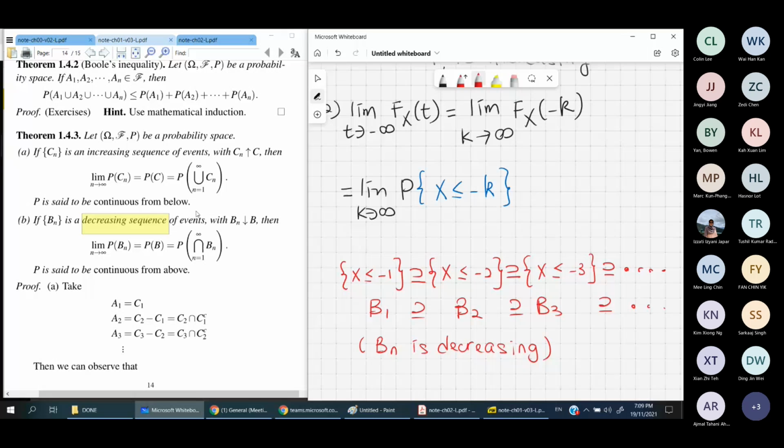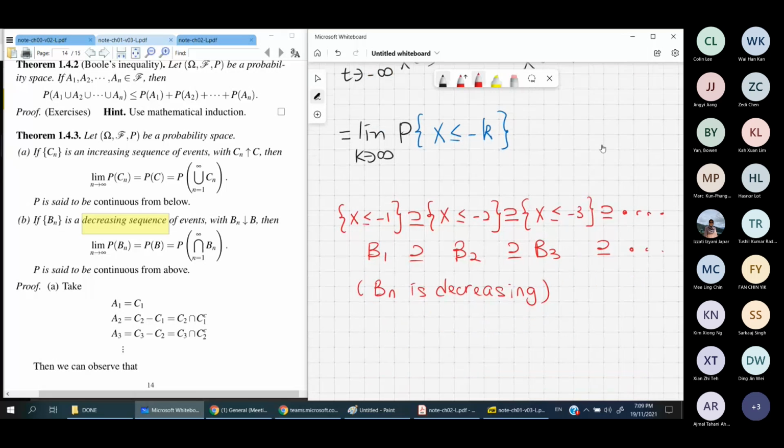So this is actually the intersection. Hence, this is equal to P of the intersection of all of them, the events X less than or equal to -k, where k goes from 1 to infinity.